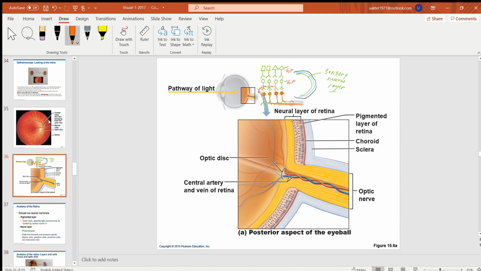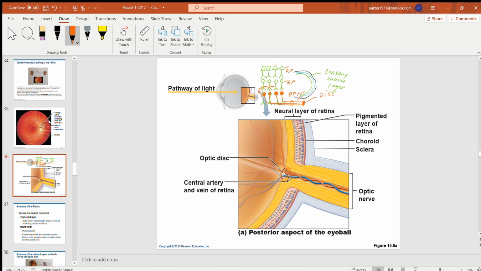Okay, so optic nerve, cranial nerve number 2. And here is the place, the optic disc. And this is the location. If this is the optic disc here, the optic nerve gets out from the eyeball, right?